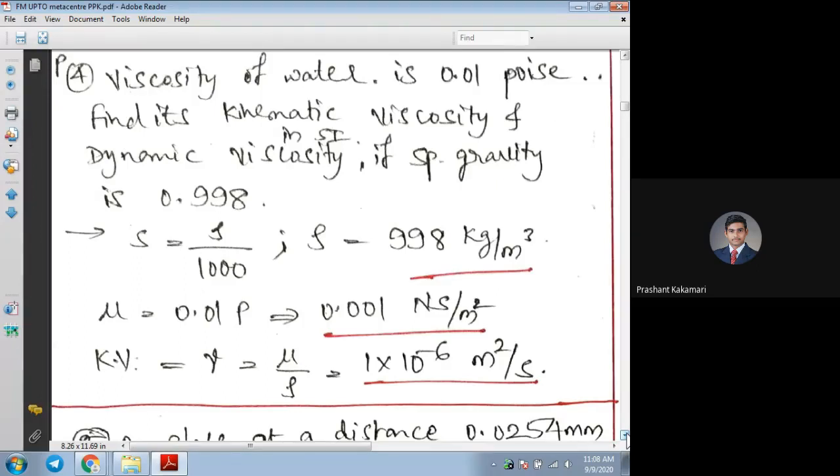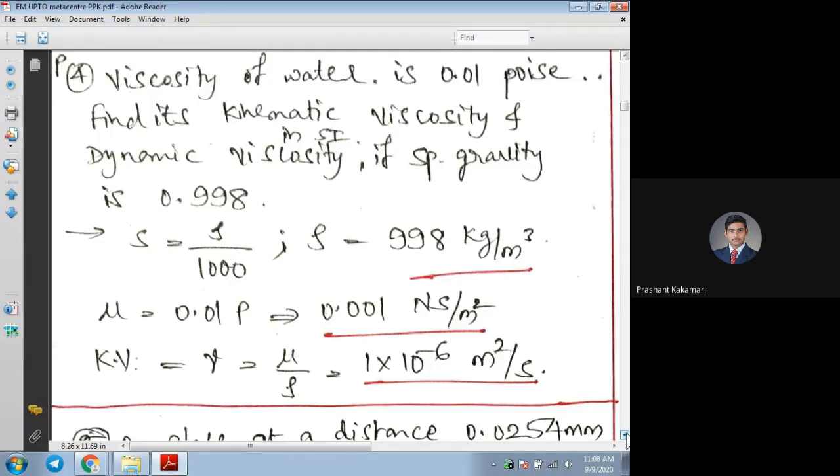So for meter square per second, as per the SI unit, I'll consider the mass density. Now to find the mass density, we know the relation of specific gravity and the mass density, because between viscosity and density we don't know the relations, but we know the relations between specific gravity, or the relative density, and the density values.